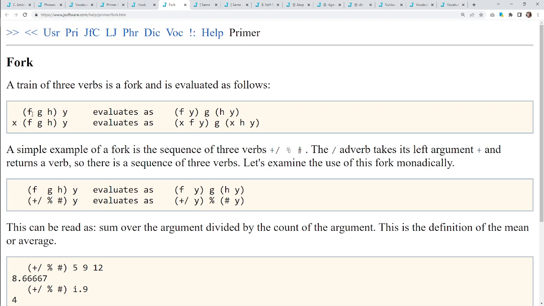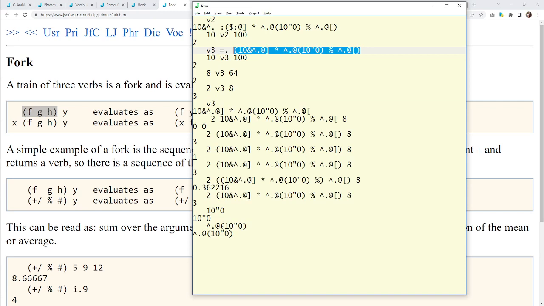This appears to be a fork, F G H. But actually, it's not a fork because we have this multiply and divide here. This is just saying evaluate this first. That's all it's saying.